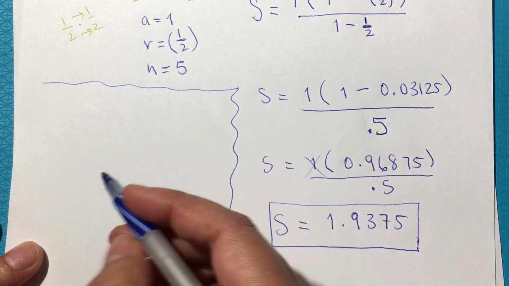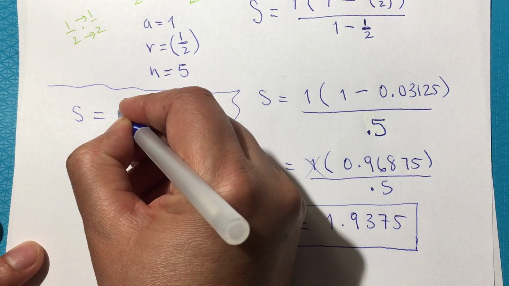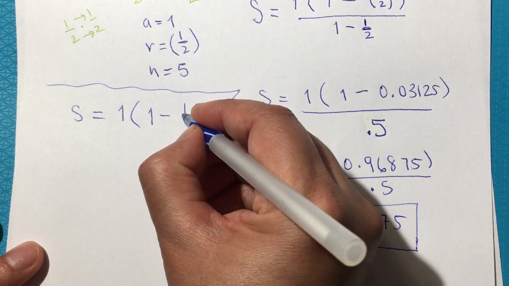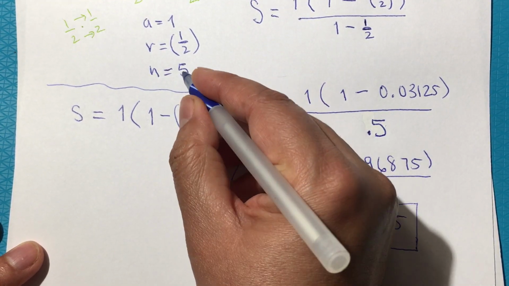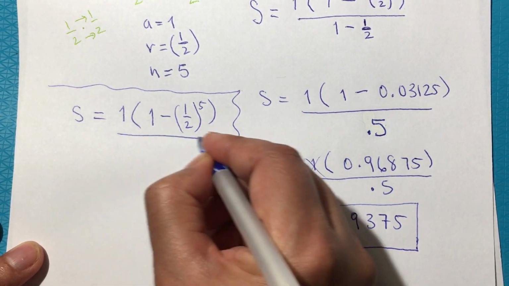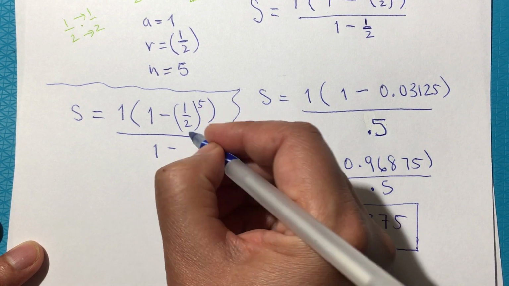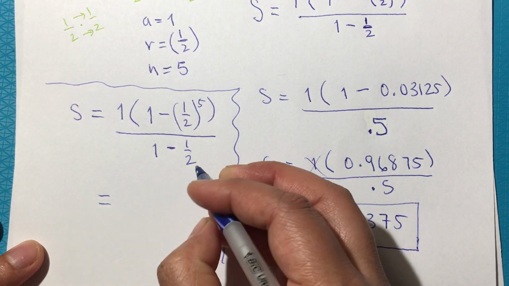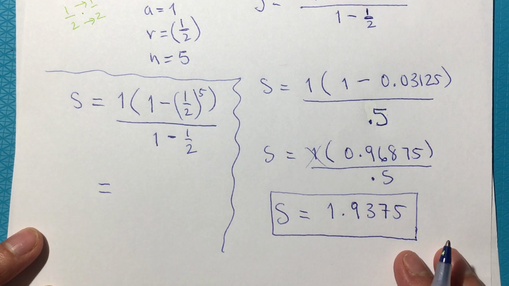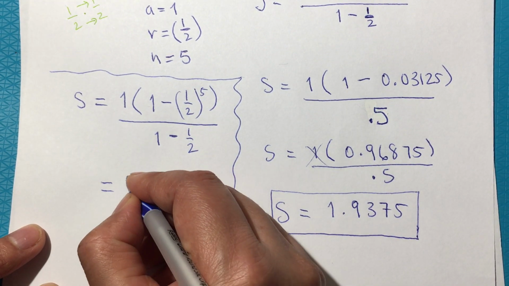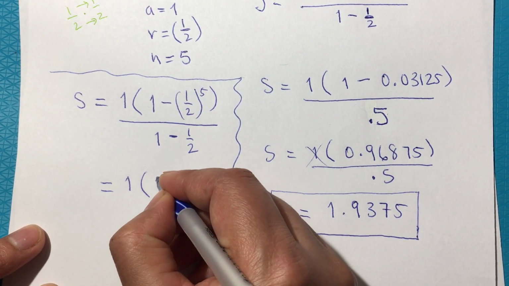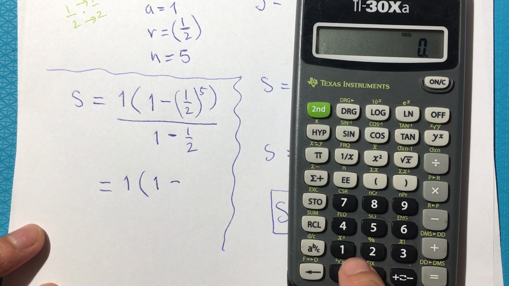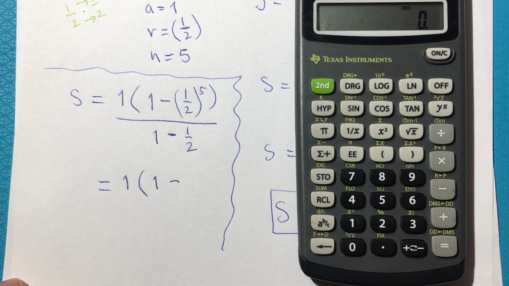Again, with the same information, the sum is equal to the initial point times 1 minus the ratio, which is 1/2, to the 5th power over 1 minus the ratio. And now this will be 1 times 1 minus 1/2 to the 5th power. And in here, it's tricky.